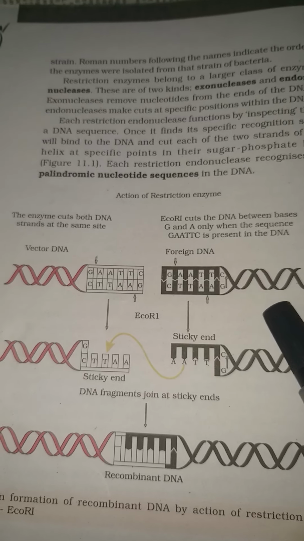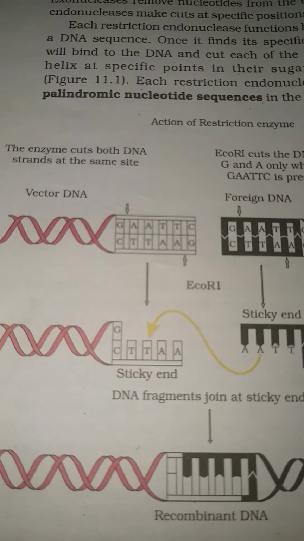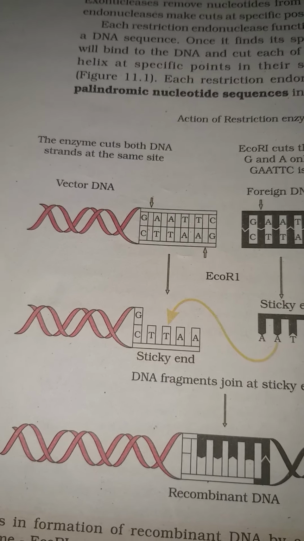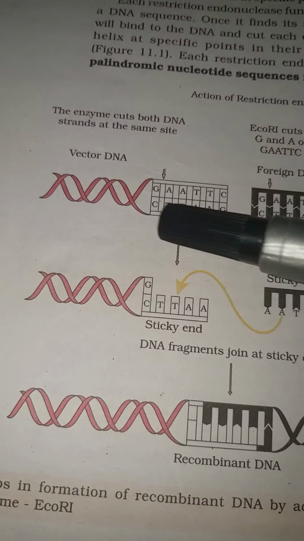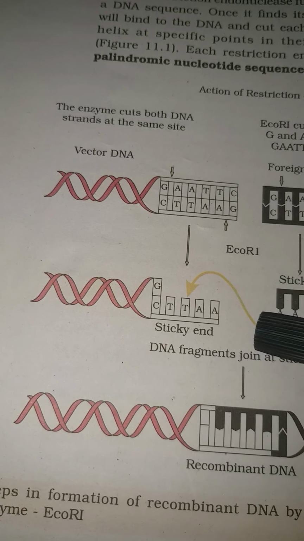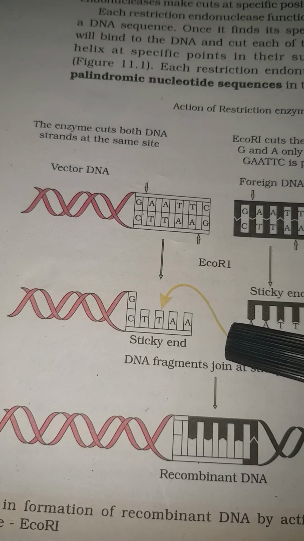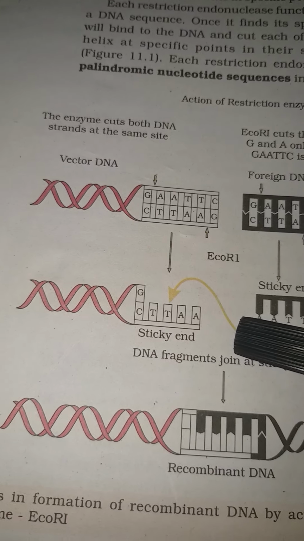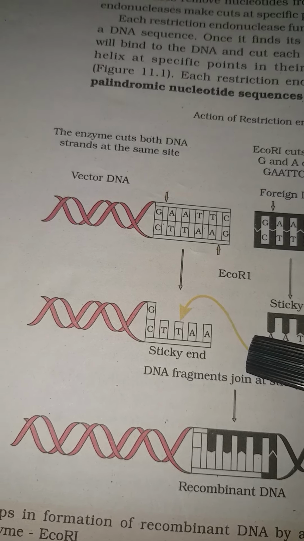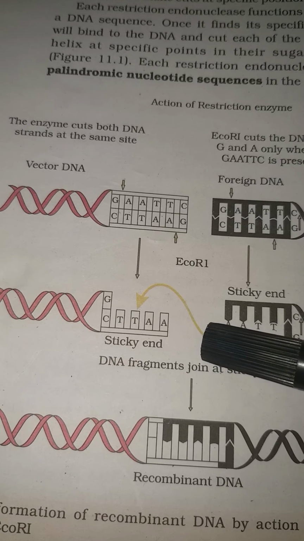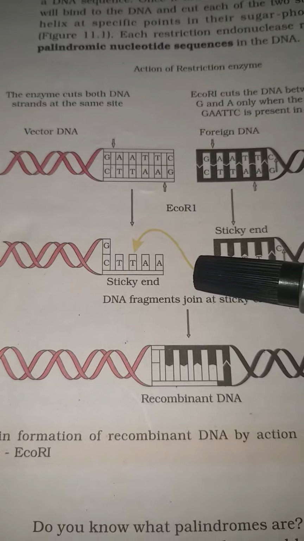If you focus here, you see it is cutting at two points, one at the G point and another at the A point. In the middle you see AATT, and below it TTAA, all complementary base pairs. This is the foreign DNA, so they form these identifying sites.